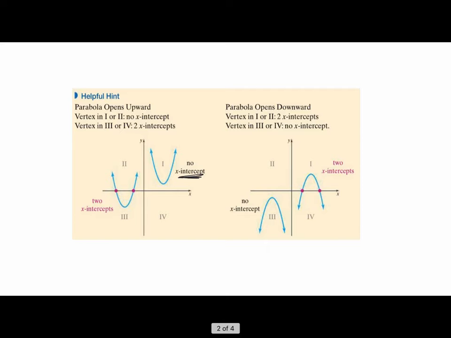And we can tell because the vertex is in either the first or the second quadrant and it opens up. In that case, there's no x-intercepts. Or if the vertex is in the third or fourth quadrant and it opens down, then there will be no x-intercepts. So it depends on where the vertex is and whether it opens up or down.